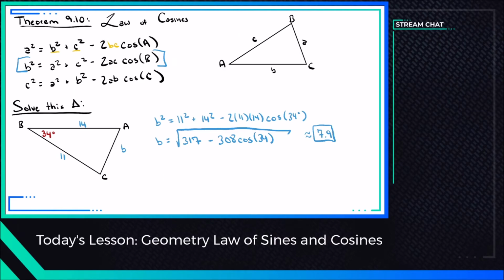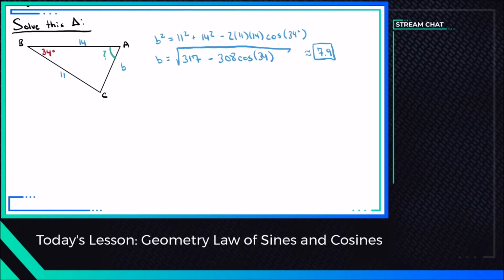And now we only have to find one angle measurement using the law of sines, because once we have that one, we can just plug into the 180 formula to get the other one. So why don't we use the law of sines to find angle A? Remember that the sine of A over little a, which is 11, is going to be equal to the sine of B, which is 34, divided by little b, which we just found to be 7.9.